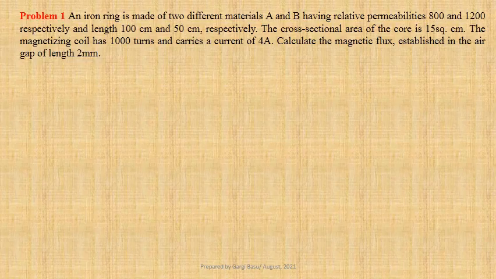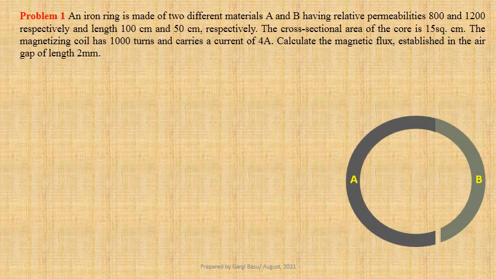An iron ring is made of two different materials A and B having relative permeabilities 800 and 1200 respectively and length 100 centimeters and 50 centimeters respectively.